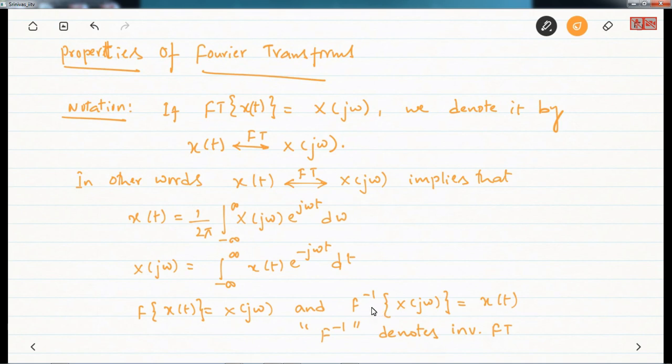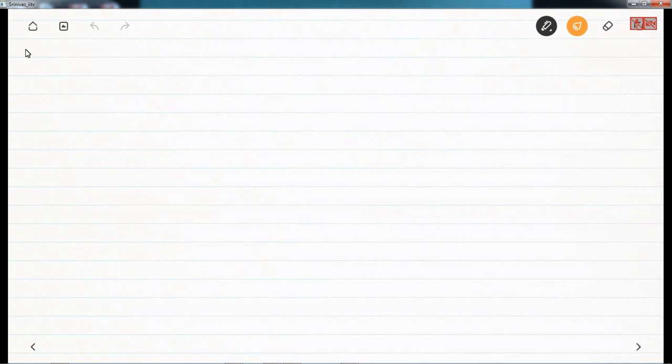So this is the notation we follow. With this notation, let's start with the properties. F of x of t is the Fourier transform, F inverse is the inverse Fourier transform. The first property, again, is linearity.